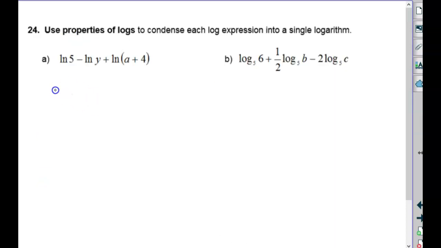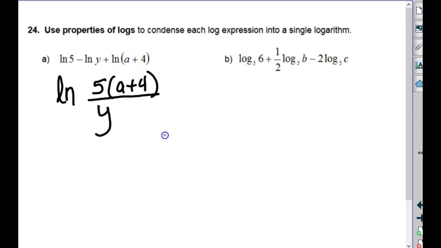Condensing. Let's see, this means divide. 1 log, remember condense means a single log. It's base e, so we don't need anything. Then we have 5 over y, and a plus means it goes in the top. All right. 1/2 means the 1/2 power back here, and 2 means to the 2nd power.